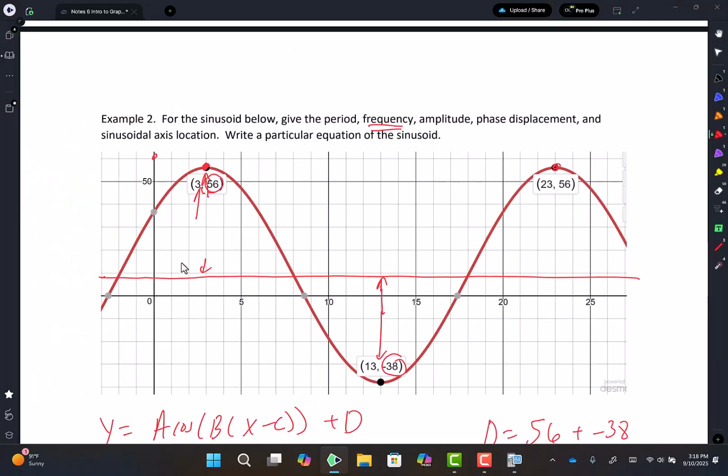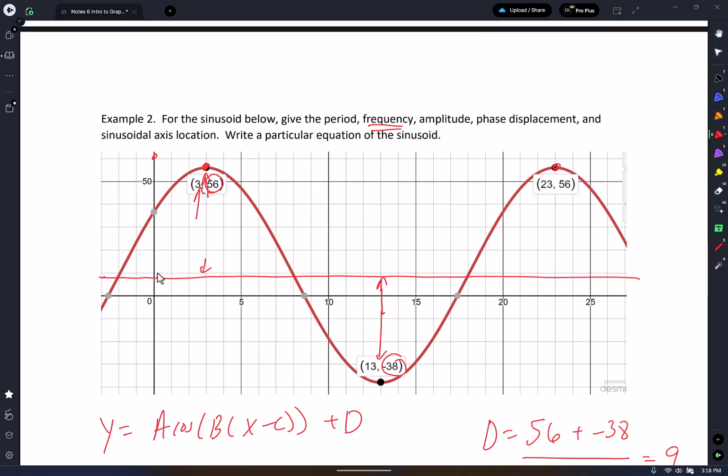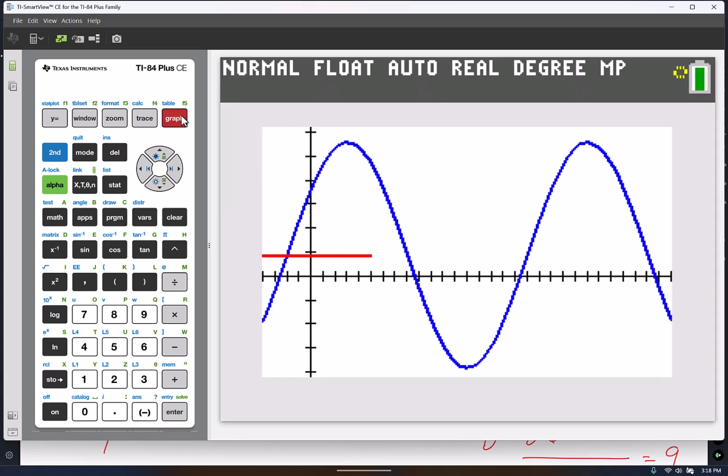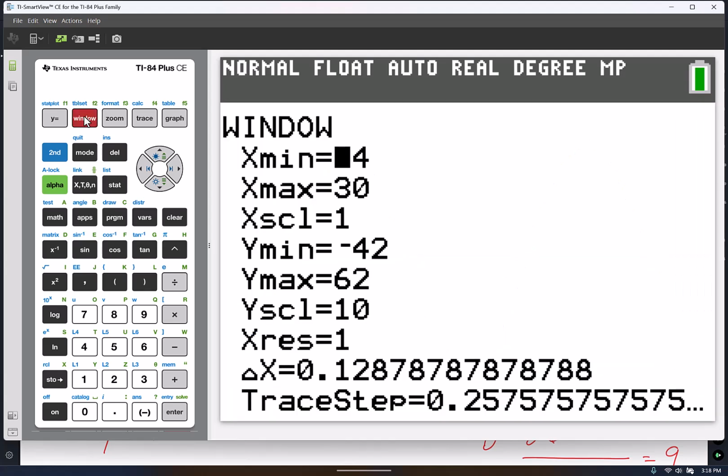This one I am going to change. I'm going to go by 10 because they go by 10. 10, 20, 30, 40, 50. So I'm going to go by 10. Y scale, 10. Don't worry about the resolution. Don't worry about delta x. Don't worry about trace step. Push graph. See? Did yours come out like that? Yeah. I'm going to go back to Y equals.